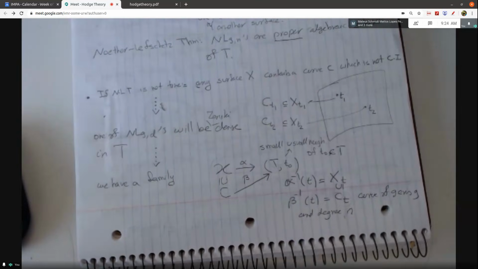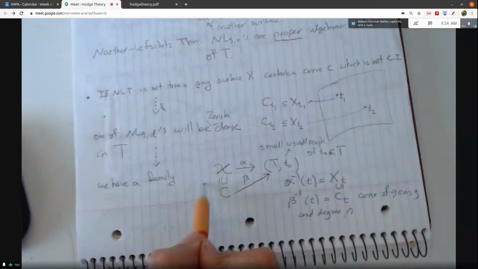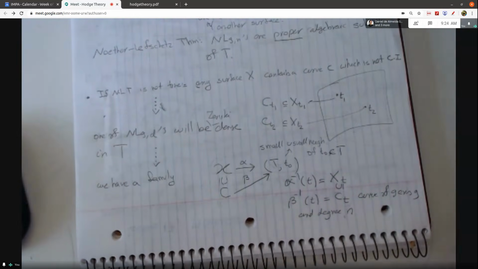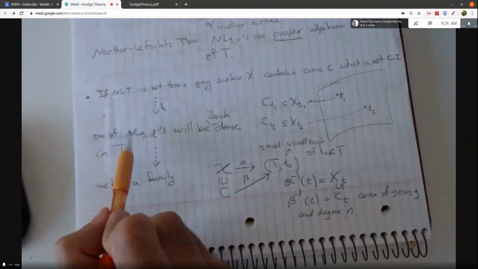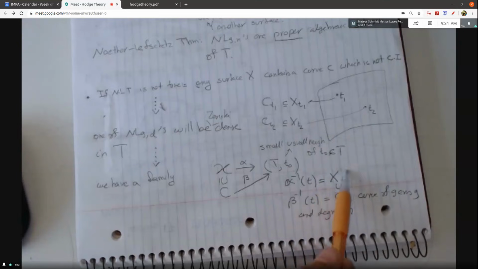And in order to make this rigorous, for example from here to here, we will need the language of Hilbert scheme. So moral of the story: if the nodal Lefschetz is not true, then the full family of surfaces locally will contain a family of curves.